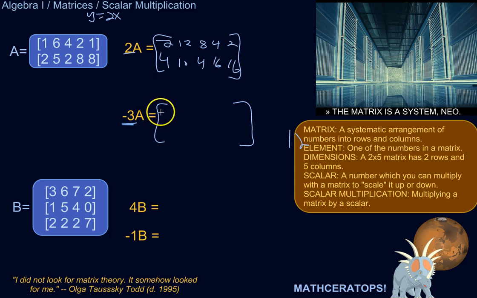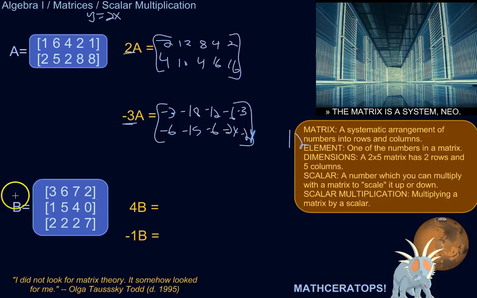So 1 times -3 is -3. 6 times -3 is -18. 4 times -3 is -12. 2 times -3 is -6. 1 times -3 is -3. 2 times -3 is -6. 5 times -3 is -15. 2 times -3 is -6. 8 times -3 is -24, and another -24. All right, it's a little sloppy. Do it better than I just did it.